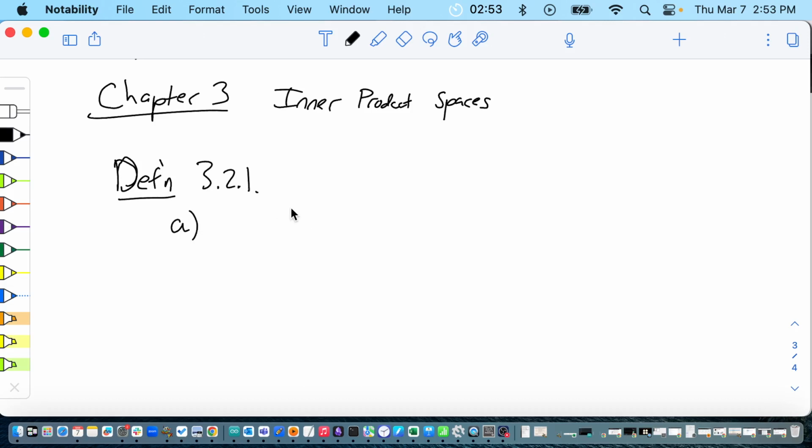A says the inner product of x and y must be the complex conjugate of the inner product of y and x. So of course, if everything is real valued, then when you do the complex conjugate, nothing changes. As a reminder, for the complex conjugate, you swap i with minus i. But when things are real valued, it doesn't do anything. When things are complex valued, it's the complex conjugate.